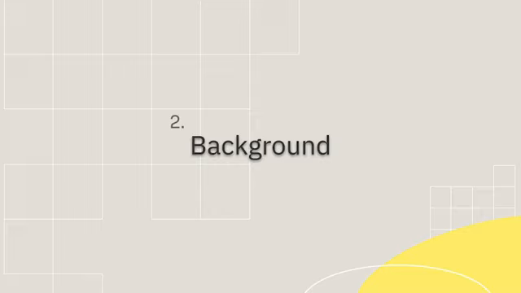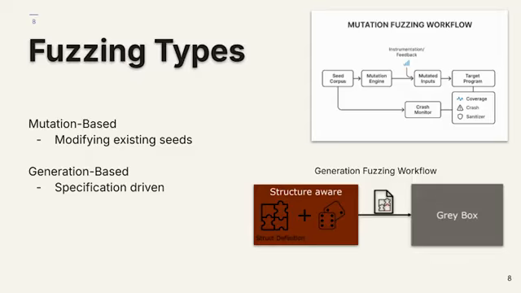Section 2, background. There are currently 2 primary methods to generate test cases for a fuzzer: mutation-based and generation-based. Mutation fuzzing takes a supply of seeds, which are inputs, and modifies them using operations like bit flipping or splicing multiple seeds together in order to get the input that it then uses on the target program.